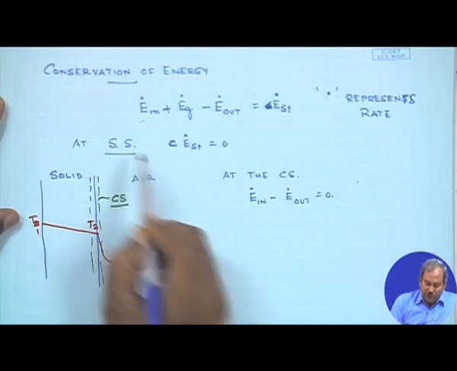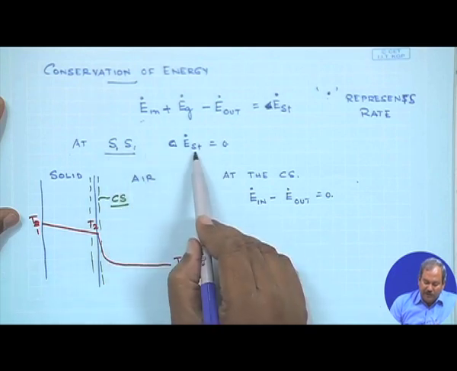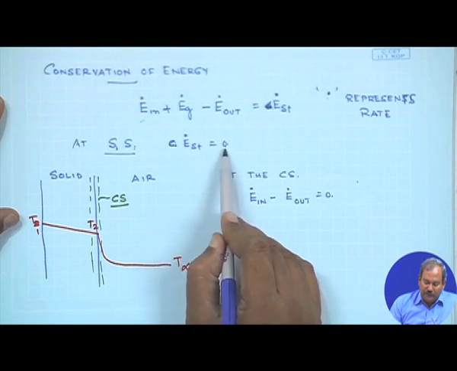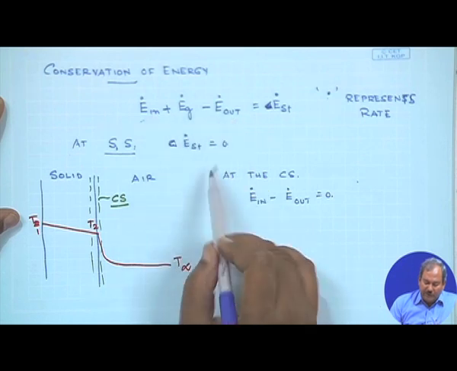So, when we talk about steady state, E dot st, the rate of energy stored, is going to be equal to 0. That means there would not be any net storage of energy as a result of these three processes.